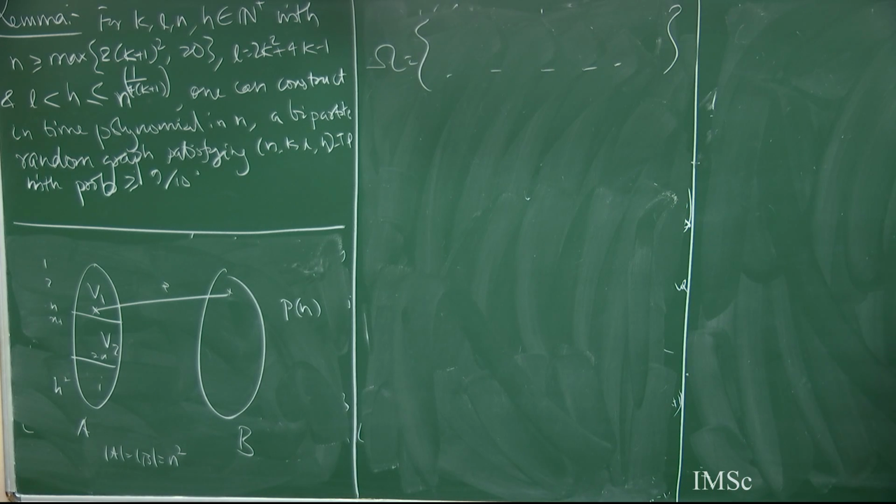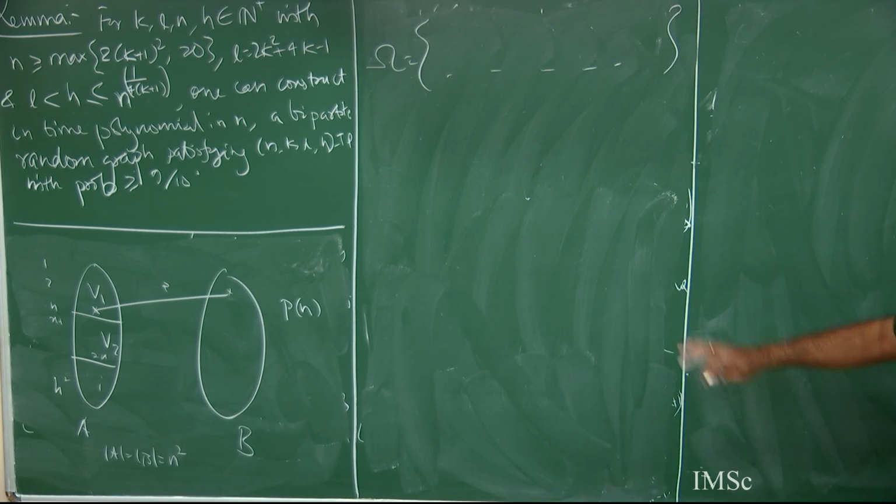Every possible pair, one from A and one from B, the full bipartite graph. Every possible bipartite graph you can think of, because edges appear with certain probability.